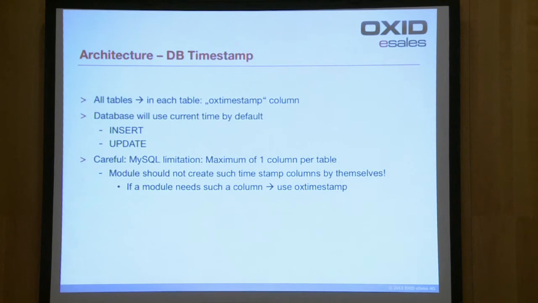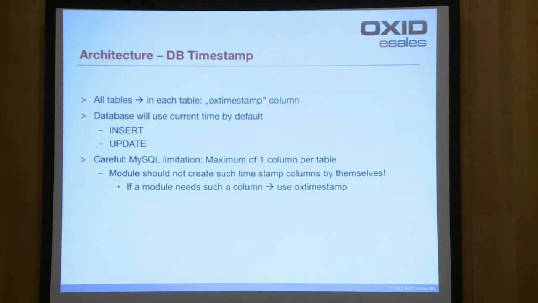Timestamp. There have been cases where people want to have a timestamp: when was the last time that a database record was actually changed? We have now added in every single table in the database a timestamp, which by default always gets updated. This makes traceability and debugging a bit easier.